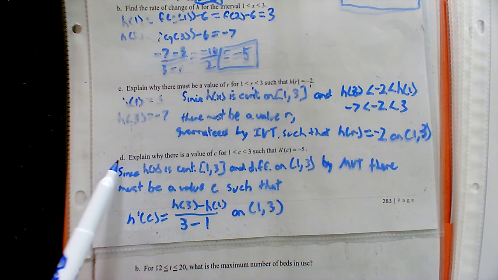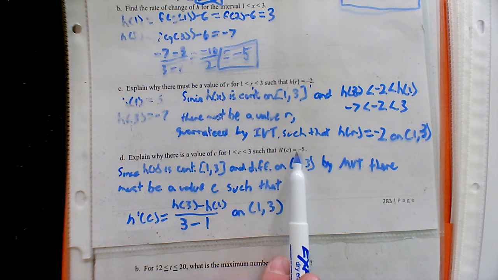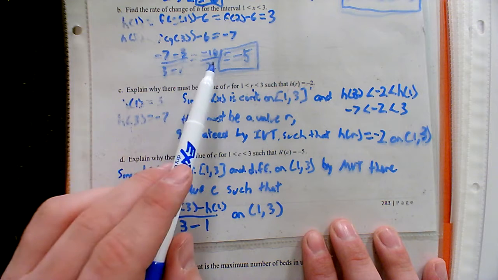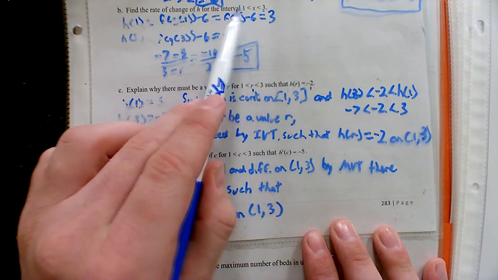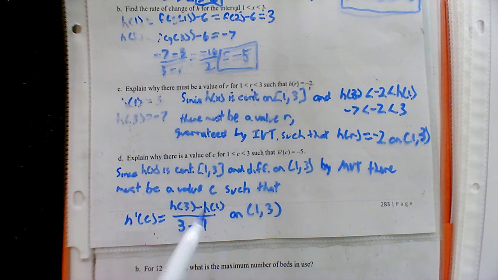In the actual question they want to know if h prime of c is equal to -5. We could go through this work again, but we've already done the work up above. Again, the same interval as Daniel mentioned. If you weren't sure that it was the same interval, you could do the work again, but it is the same interval.